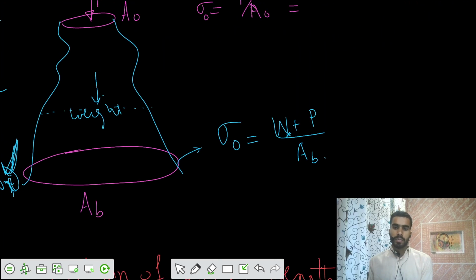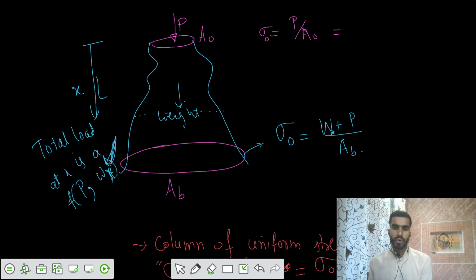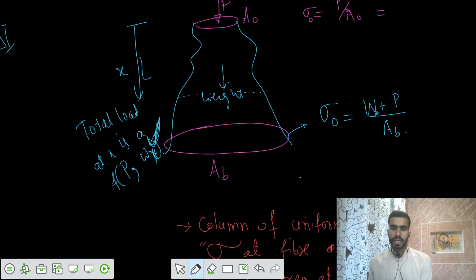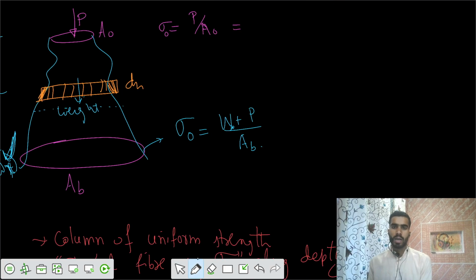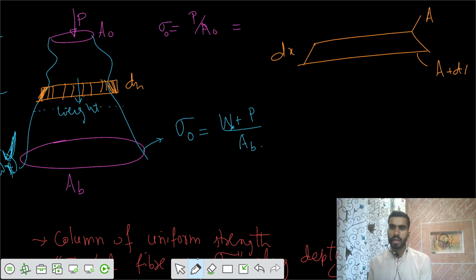So you go to some value of x and take some strip of dimension dx. At the top there might be some area A, and at the bottom there would be some area A plus dA. It can be negative or it can be positive.